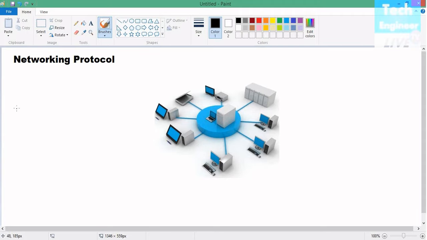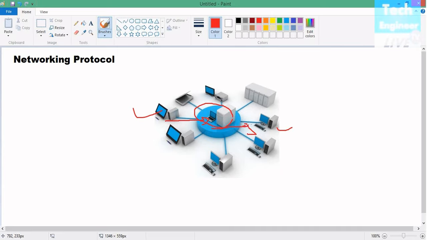For example, this computer wants to communicate with this computer, so we need a platform, a technology, so that when this computer sends data, it moves to the router, then the router decides which route is the best way and sends the data.